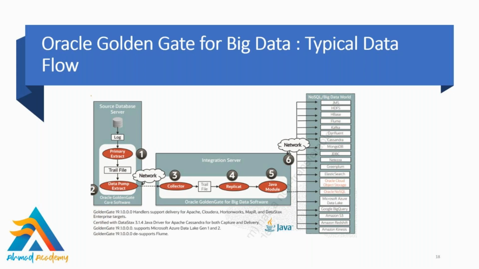And sixth, the Oracle GoldenGate for Big Data module physically stores the transactional data to the target environment. These are the things used when you are using Oracle GoldenGate for Big Data.